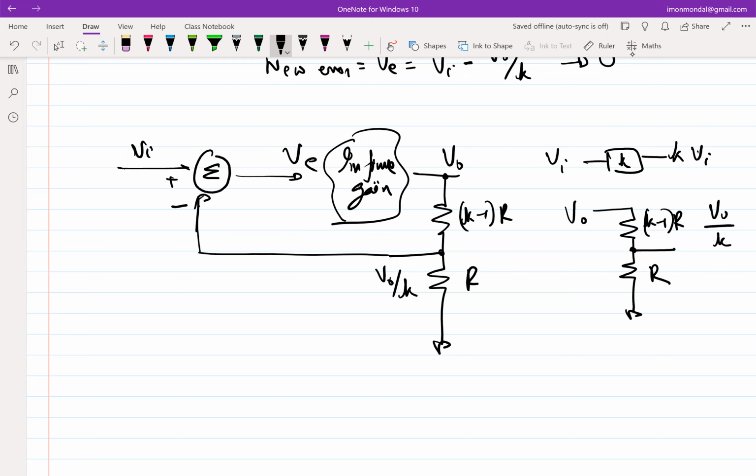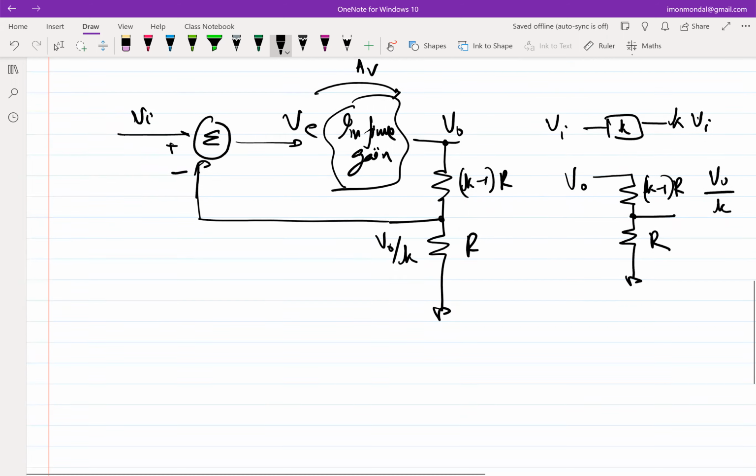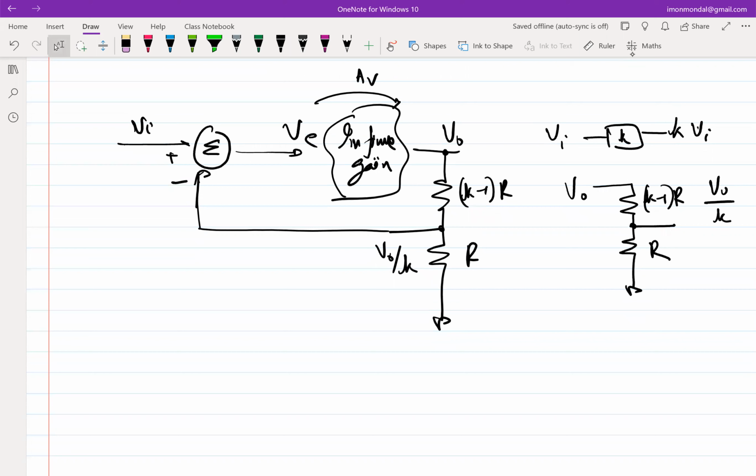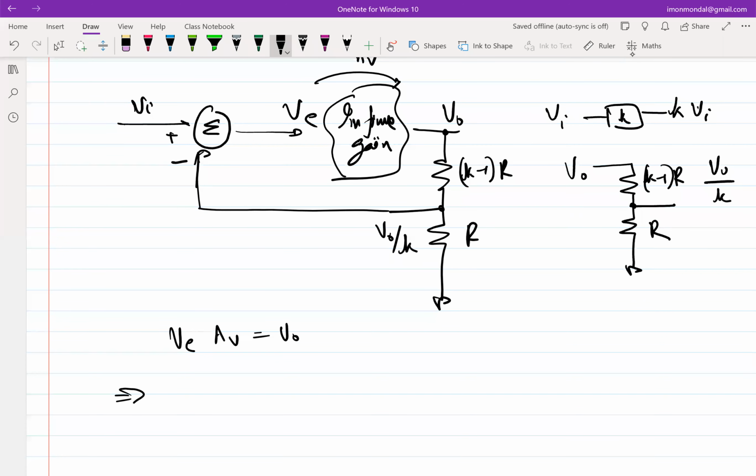Seems like the solution is infinite strength. In terms of an amplifier, it translates to infinite gain. Okay, so let's do the analysis and see. Let's say this voltage gain is AV, and AV tends to infinity. So what is my equation now? VE times AV is equal to V naught, and VE is Vi minus V naught over K.